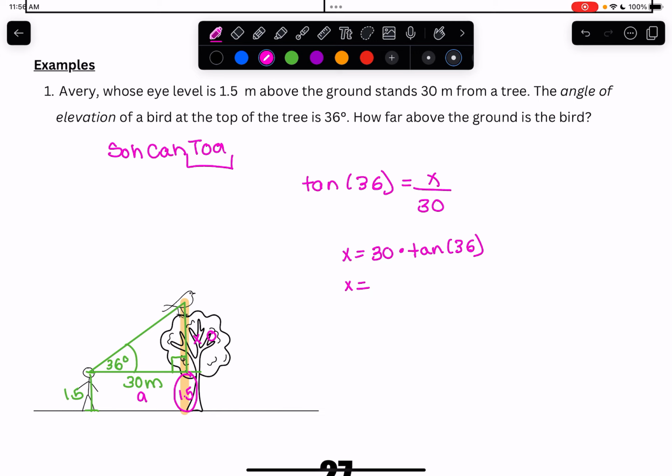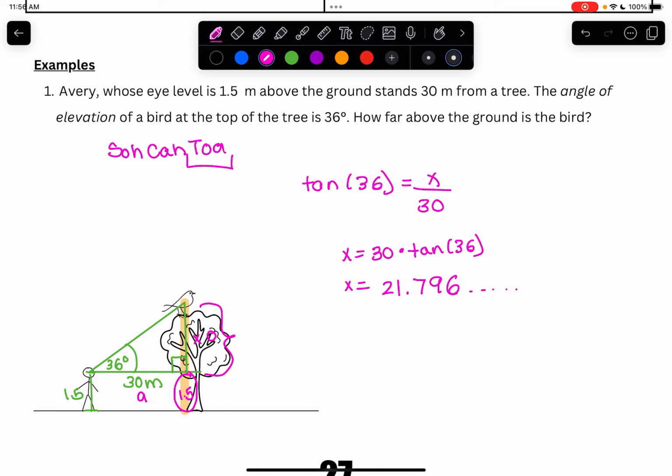Now you plug into your calculator. 30 tangent 36 is equal to 21.796... Now you don't want to round until the end for these problems. You only round once. So this is the distance here.